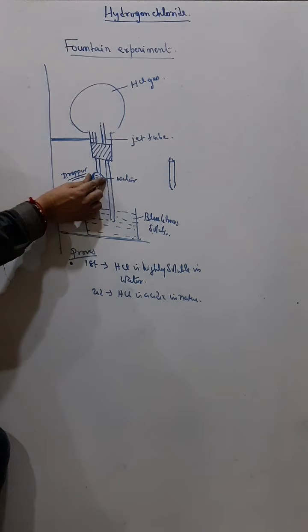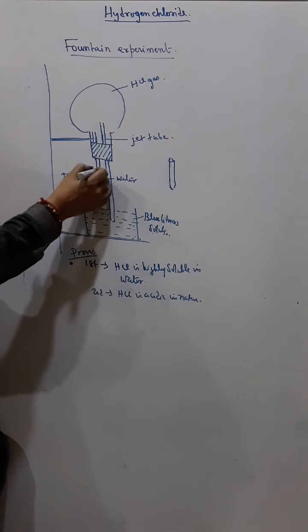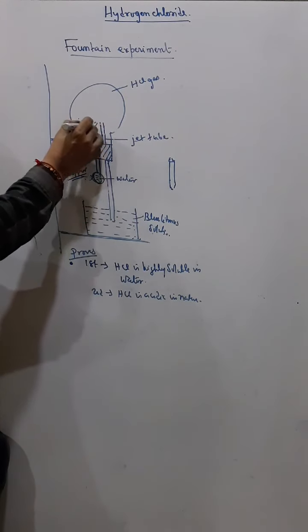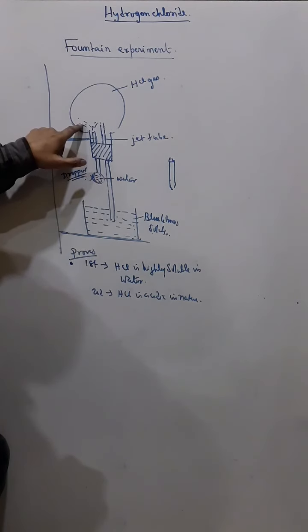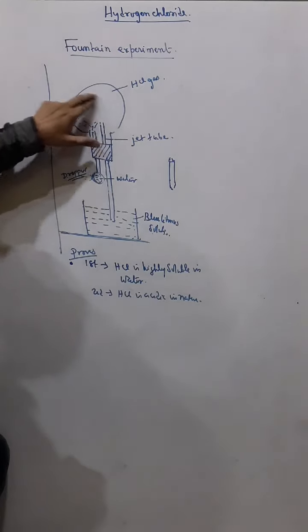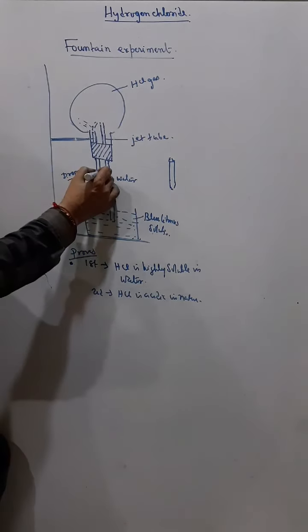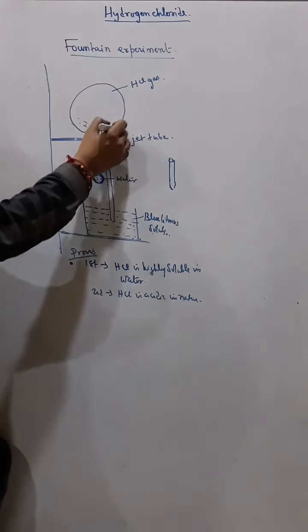When we press it, this little amount of water will sprinkle out, and this little amount of water is enough to dissolve a large volume of HCl gas, because HCl is highly soluble.